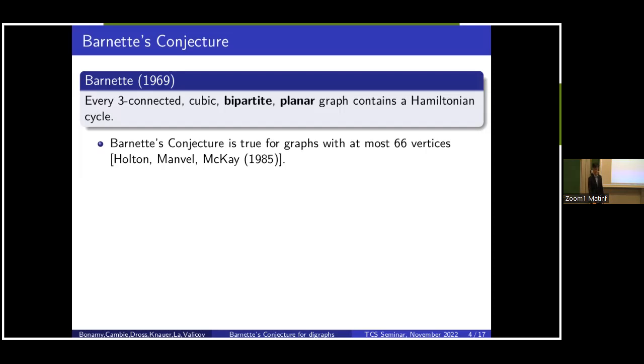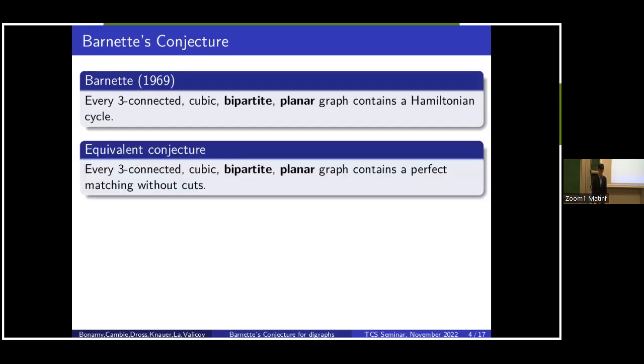And it was proven to be true up to 66 vertices, and it was later announced to be proven for 86 vertices in 2002. Once again, I'm also interested in this language of perfect matching without cuts. So this is an equivalent version of Barnette's conjecture.